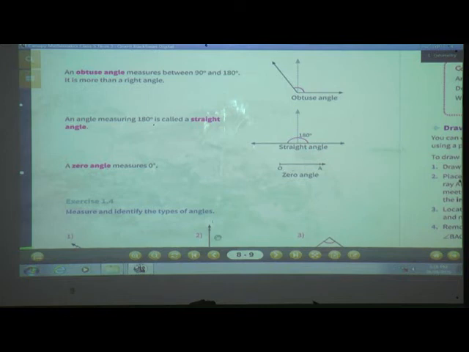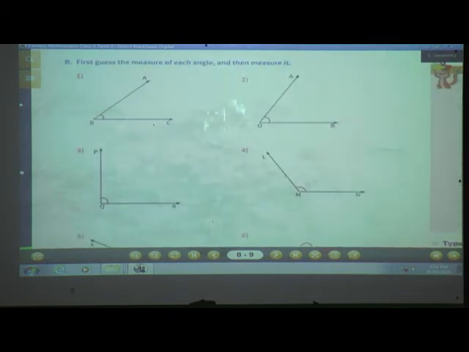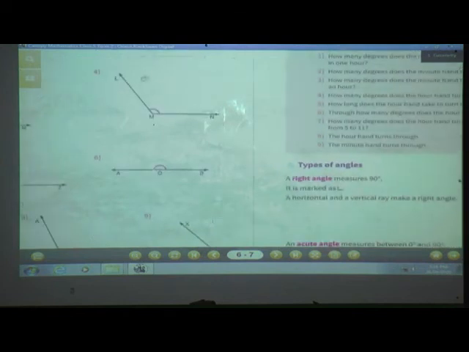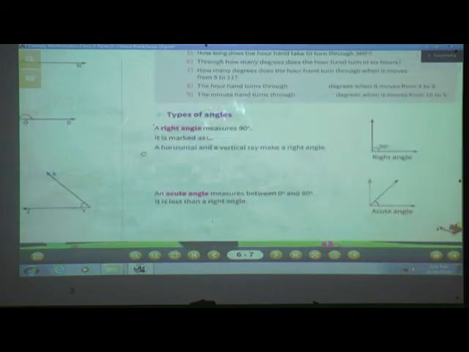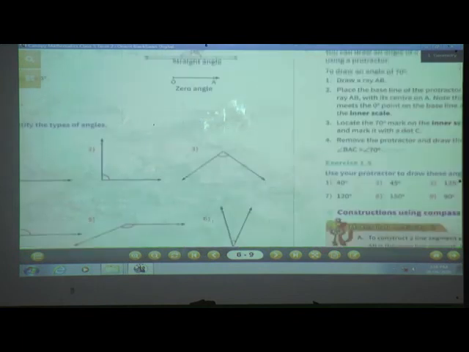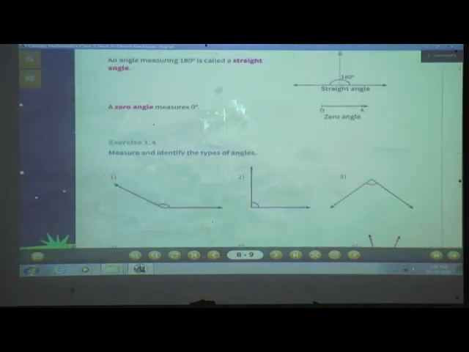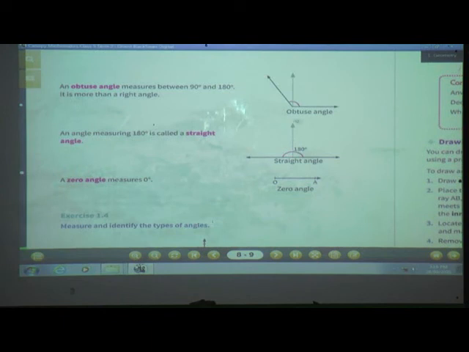So today we have studied right angle. It measures 90 degree, and acute angle, it measures between 0 degree and 90 degree. It is less than a right angle. And this is an obtuse angle.